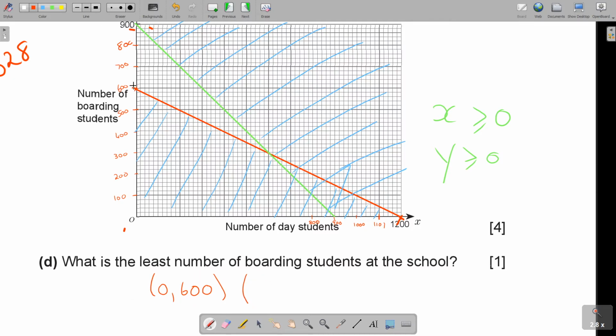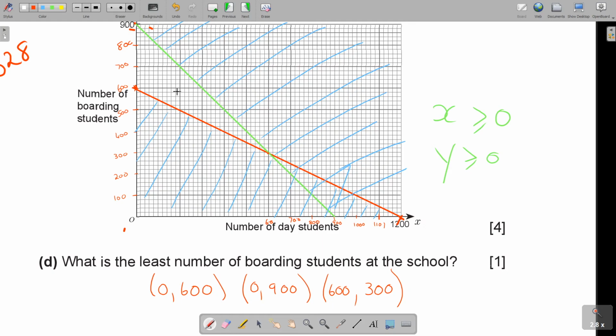Or it can be this one, that it's 0 and 900. Or it can be this one, and I must just find that one. So it's 800, it's 700, it's 600. So it's going to be 600, and then it's going to be 300. Okay, so that is my 3 points.